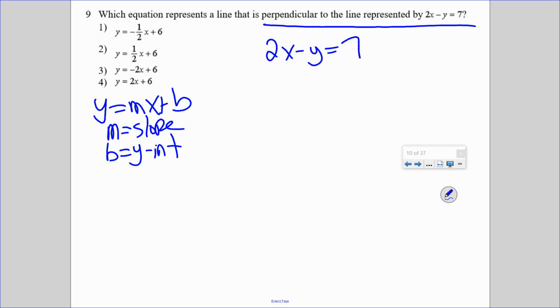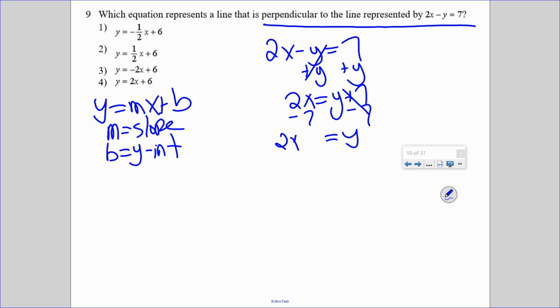I have to first get y by itself. The slope of this line is 2. I know that perpendicular lines have negative reciprocal slopes. So the slope of my line must be negative 1/2.